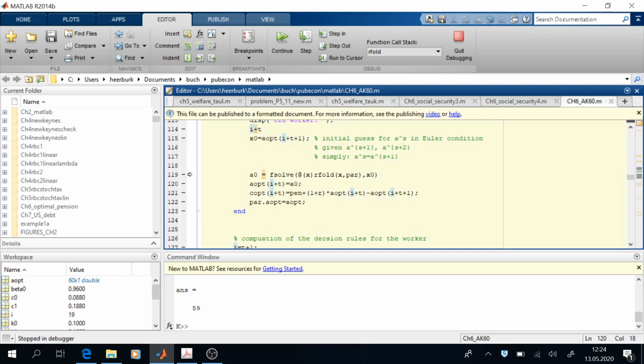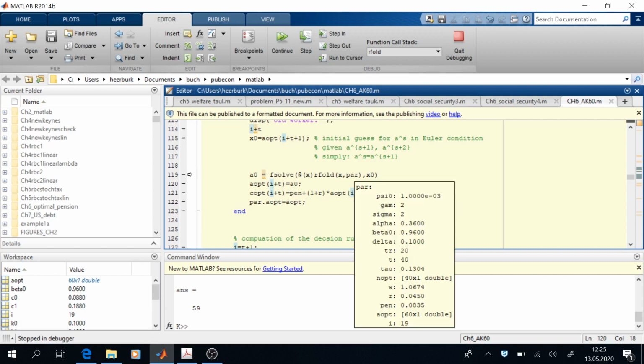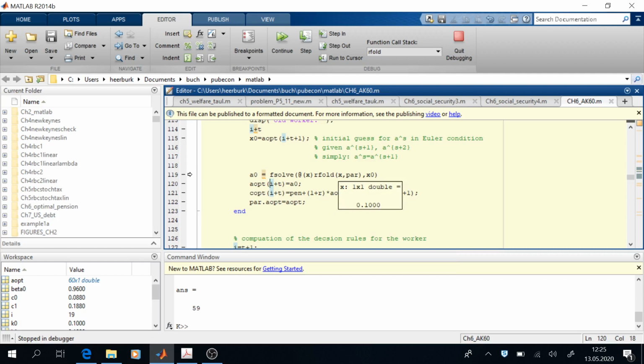this nonlinear function using the command fsolve in Matlab. So the syntax of this command is as follows. We have a function rf old, residual function old. We have 2 variables, x and the parameter vector. And we want to find the 0 of this function rf old with respect to the variable x.